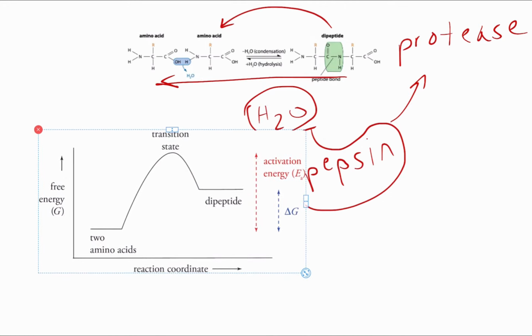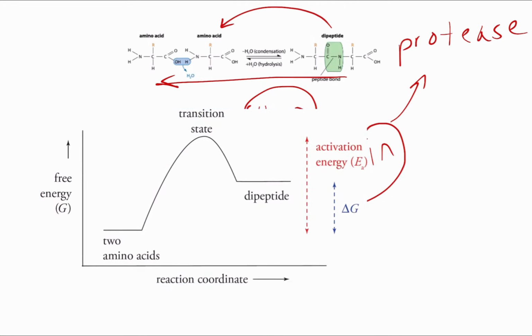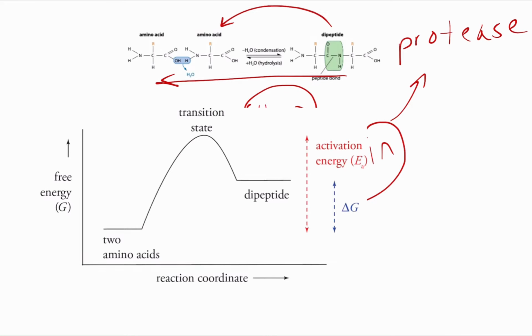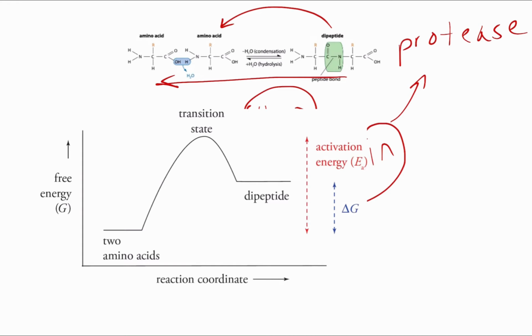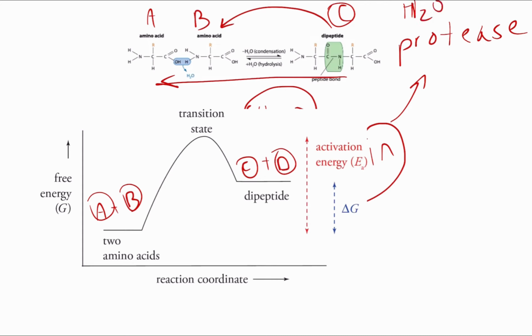So this is perfect. Here we have this graph showing the formation of the dipeptide bond. And so we have the products here, and then we have the reactants here, right? So this is A, this is B, this is C, and then the water is D, right?